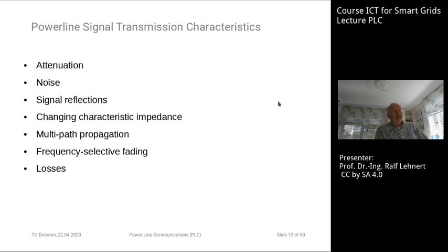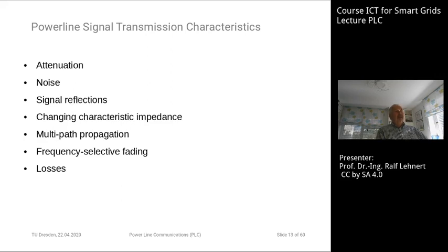So the Powerline signal transmission characteristics are as follows. We do have quite a high attenuation for high frequency signals. Later at the end you will find references. For instance, there is a very recent book where there is a complete chapter on the attenuation topics of PLC signals. What we also have noise signals, and I will come to this soon.